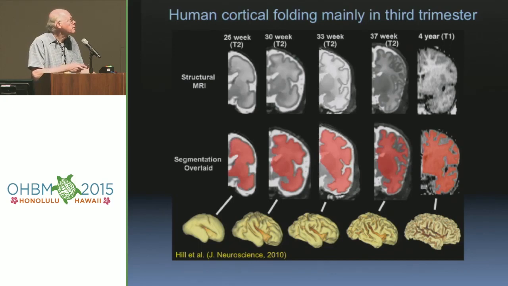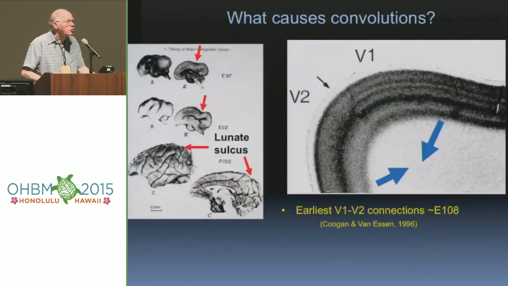And in that third trimester, a whole lot of cortical folding goes on, and that correlates with the emergence of long-distance connections through the underlying white matter. So that correlation of facts gives rise to an intriguing speculation that invokes again the hypothesis that mechanical tension is an important player in the game.